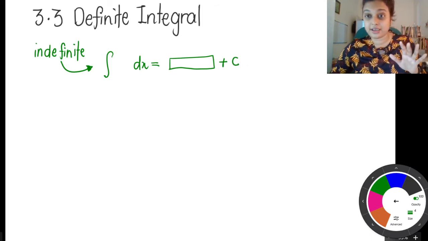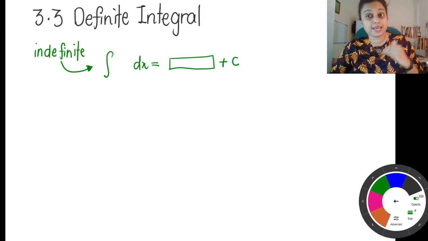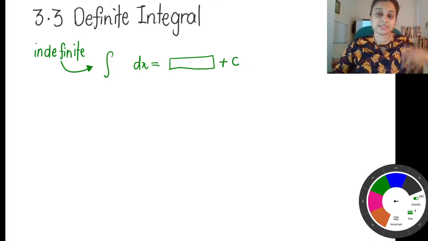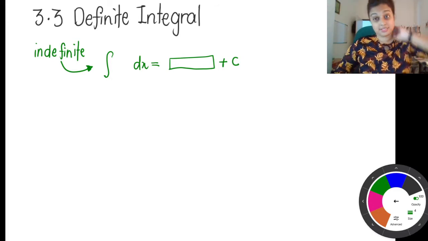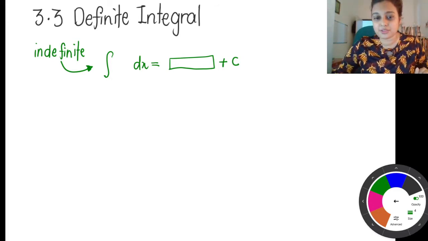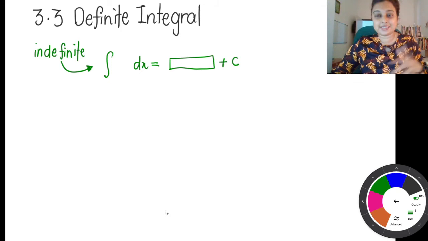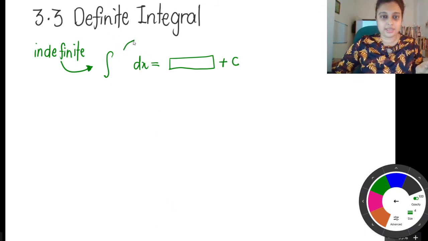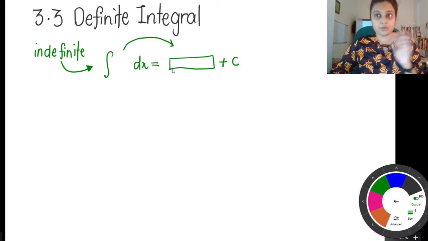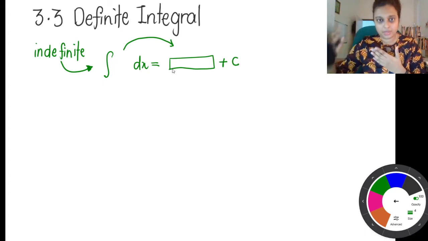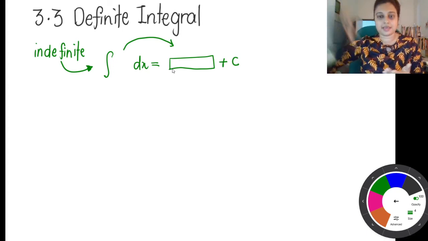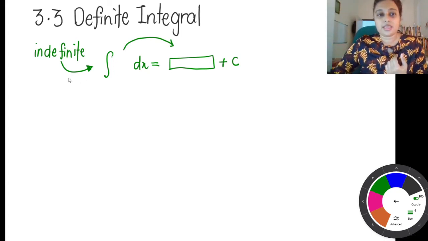Have you realized that when you do indefinite, it's always plus c at the back? There is always plus c, plus a constant. Why do you have a plus a constant? Because you are changing from a gradient to become an equation. So there's always plus c. There's a y-intercept there.